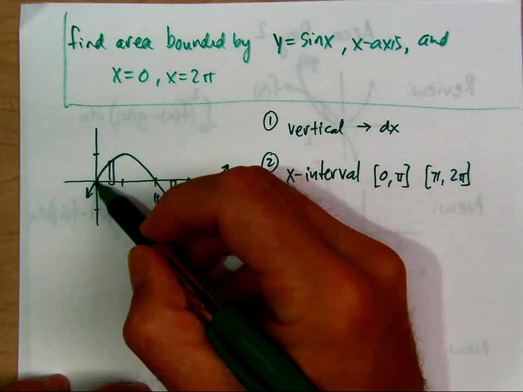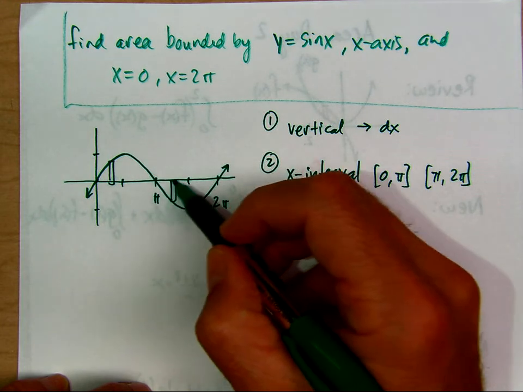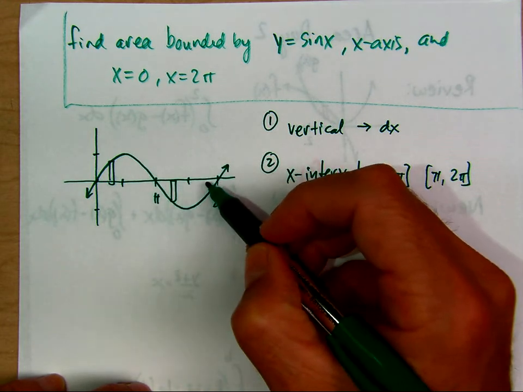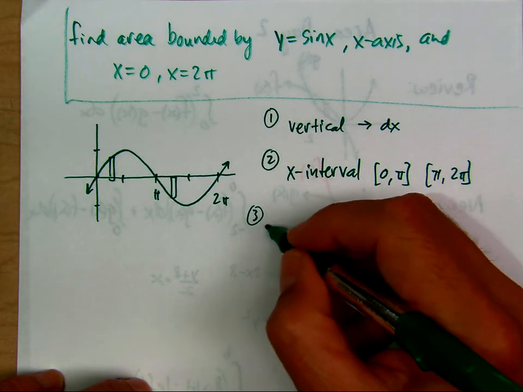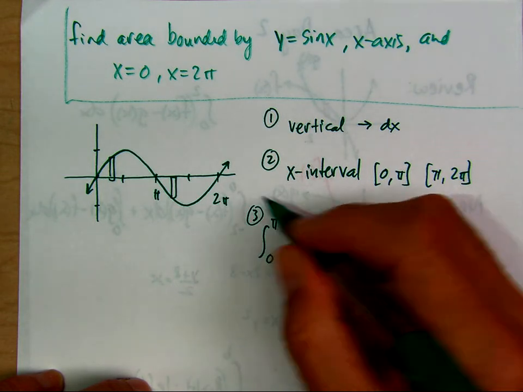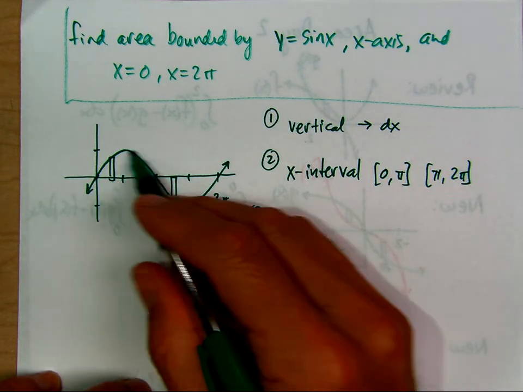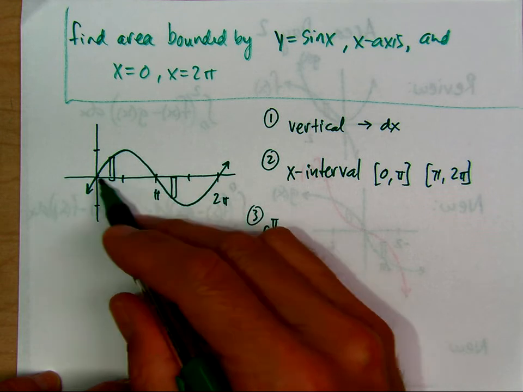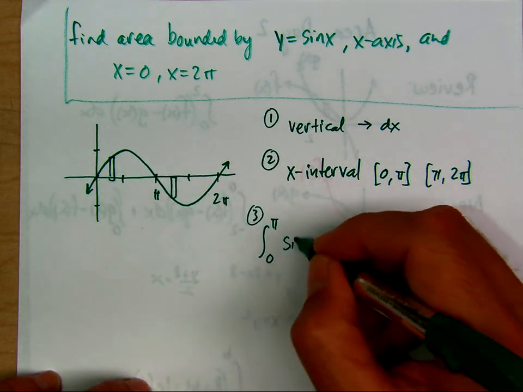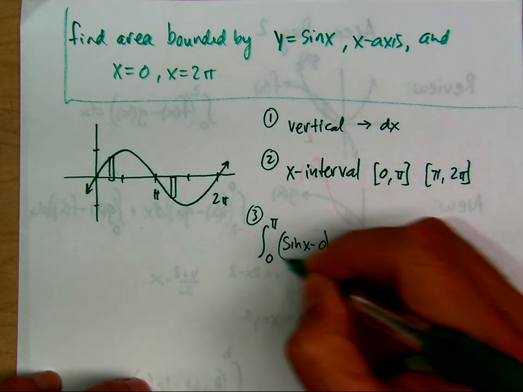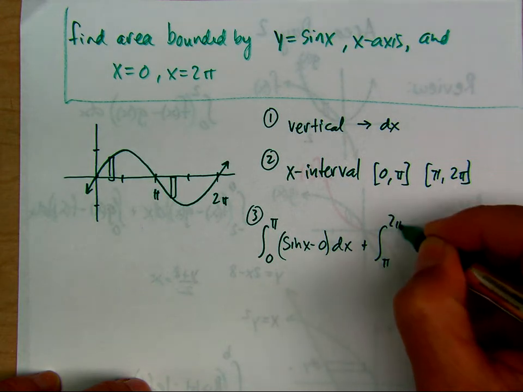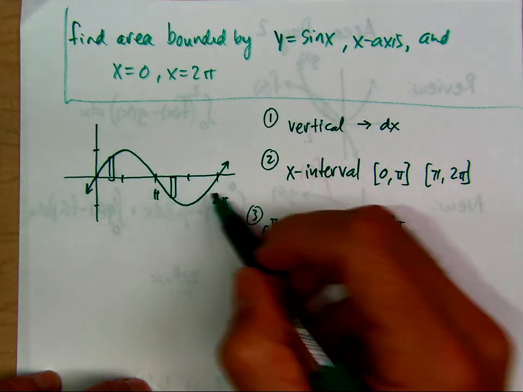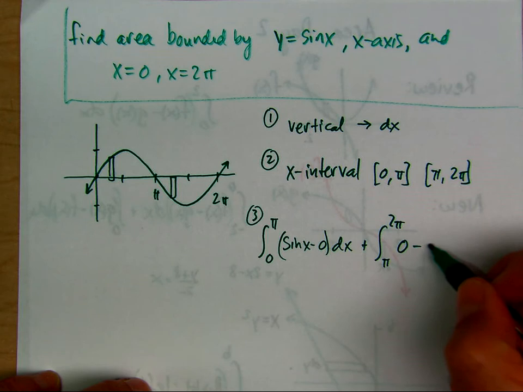And that's just because the top curve is sine, and here the top curve is y equals 0. And then we can integrate from 0 to pi, top minus bottom, that's sine x minus 0. Then from pi to 2 pi, top minus bottom, that's 0 minus sine x.